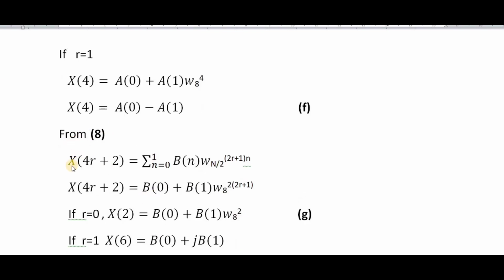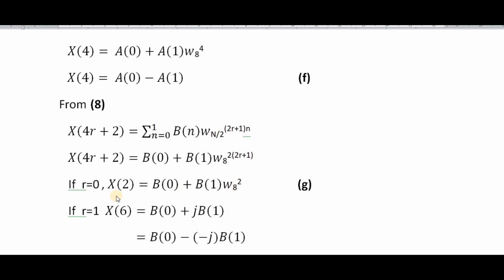And from equation 8, x of 4r plus 2 is equal to summation n is equal to 0 to 1 of b of n. This is n by 4 minus 1, right? So it is nothing but 1. B of n into Wn by 2 of 2r plus 1 into n. So if I substitute r is equal to 0, this becomes x of 2 equal to b of 0 plus b of 1 into W8 power 0.